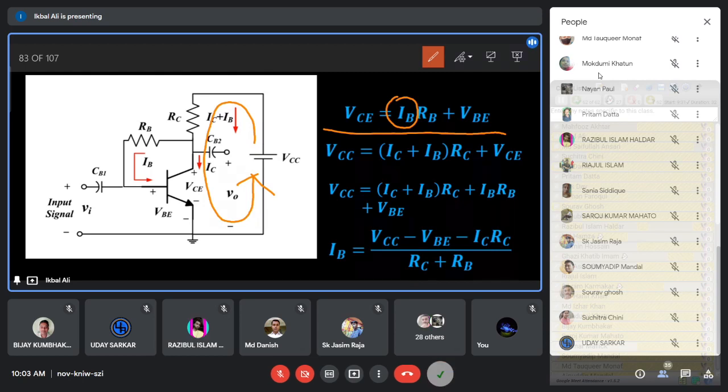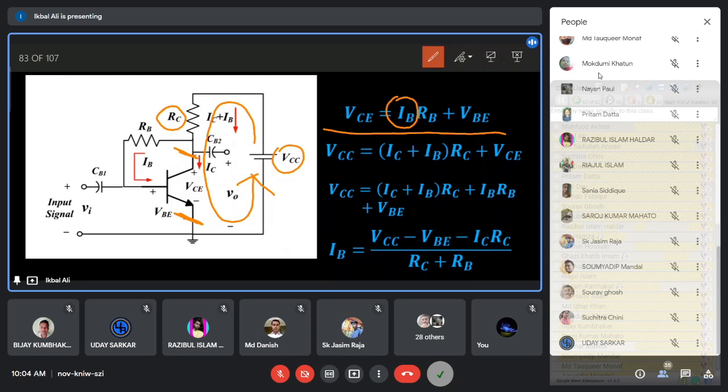Then what will be the KVL equation? The voltage drop across RC and the voltage drop across the transistor, between collector and emitter, these two voltage drops should be equal to the supply voltage. These two voltage drops are supplied by VCC. So the summation of the voltage drop across RC and the voltage drop across collector emitter will be the supply voltage.